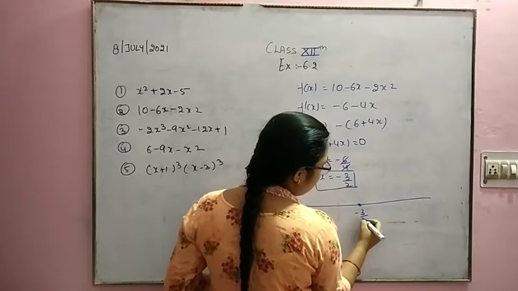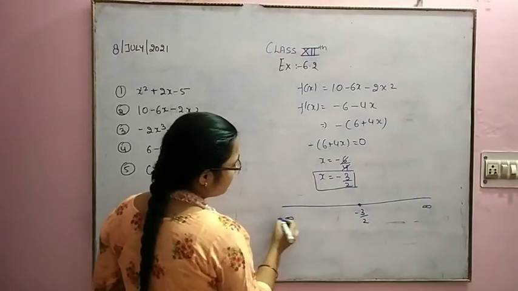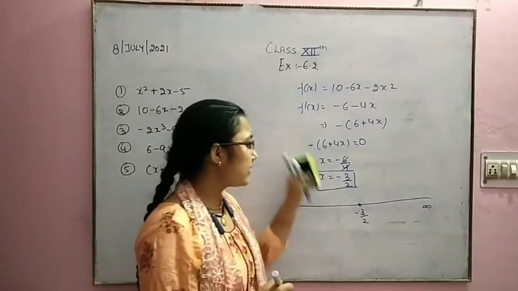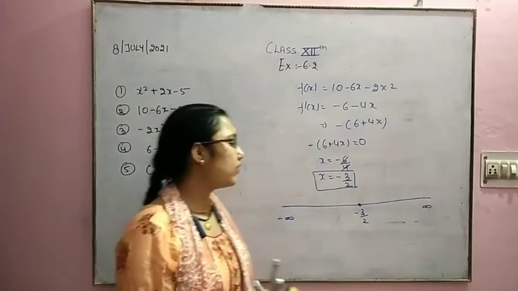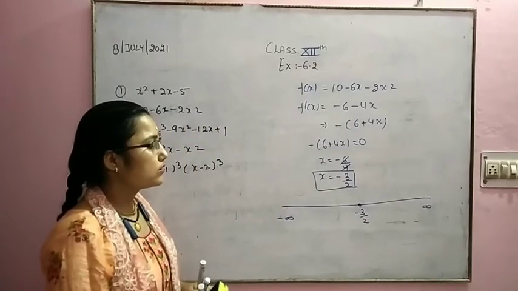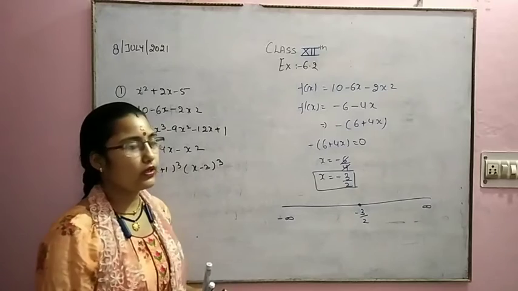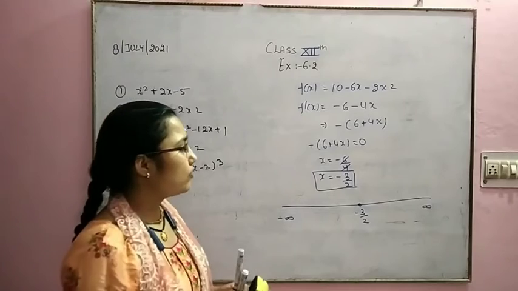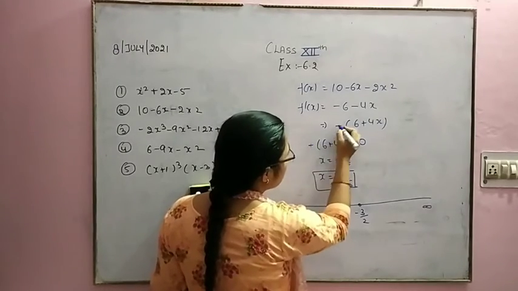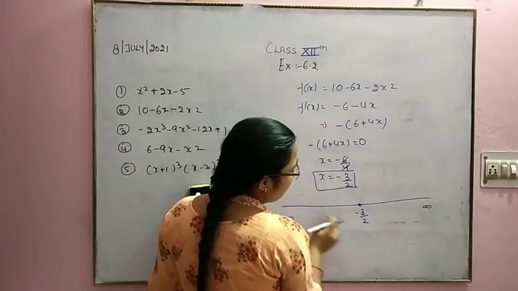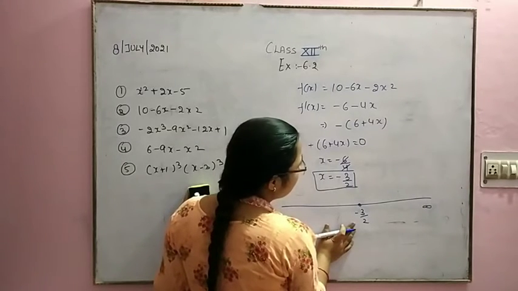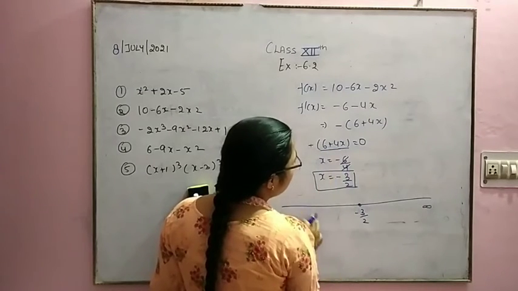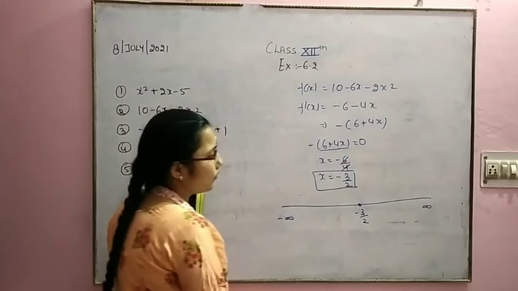Suppose this is minus 3 by 2, and this one is positive infinity and this one is negative infinity. Then check whether the values of f dash x between minus 3 by 2 and infinity are positive or negative. Minus 3 by 2 is approximately minus 1.5, so we take numbers greater than that, like 2, 3, 4 and so on. For greater values, minus 3 by 2 to infinity, we get positive values for 6 plus 4x.